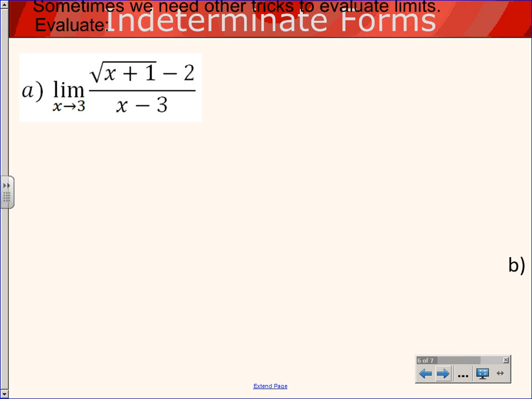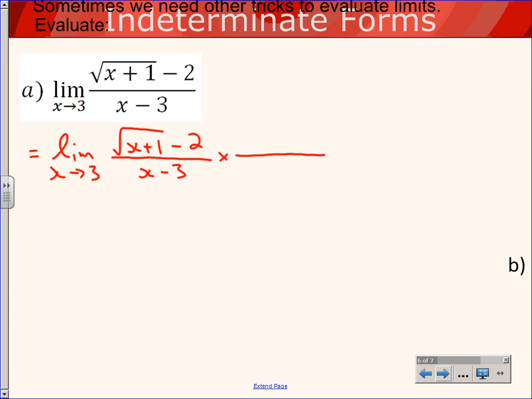Okay, so if we want to rationalize, I'm not sure how much of this you'll remember, so just in case. The idea with rationalizing is you start with the same expression that you had originally. But we're going to multiply it by another fraction. And what we multiply by is the root that we had.